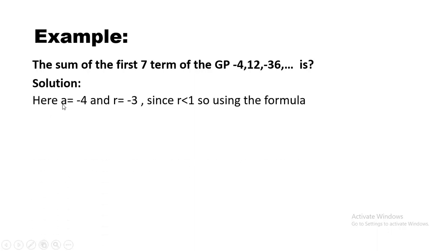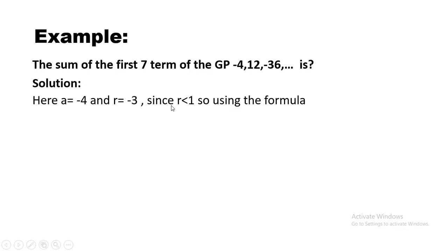Out here a denotes the first term of the sequence, that is minus 4. r is minus 3 out here, as the ratio of 12 and minus 4 is minus 3, and of minus 36 and 12 is minus 3. So the ratio of this sequence is minus 3.